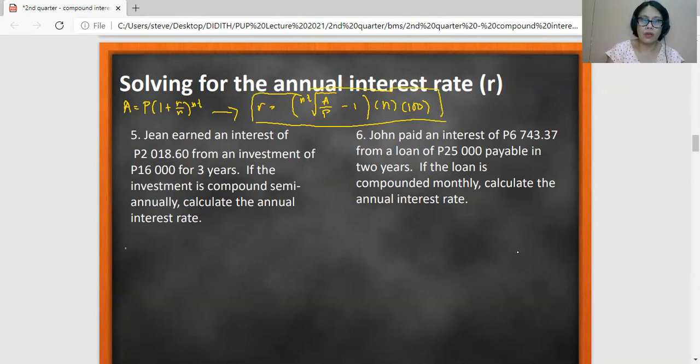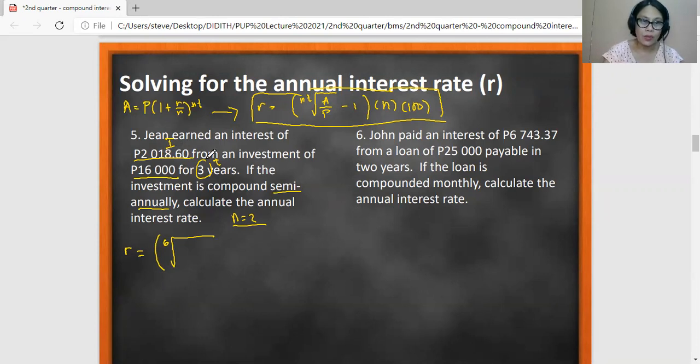So R here, take note that this is the interest and the investment was 16,000, and this is the time in years, and this is semi-annually. So there are 2 six-month periods in a year, so your N equals 2. So R equals, N times T is 2 times 3. So we're going to work on the 6th root of, so your A is 2,018.60 plus 16,000.